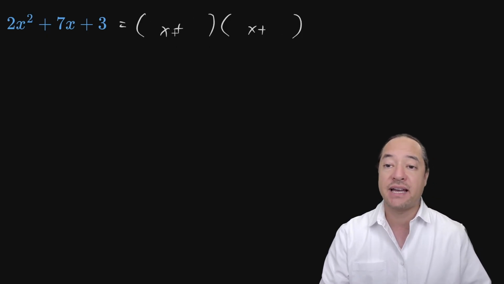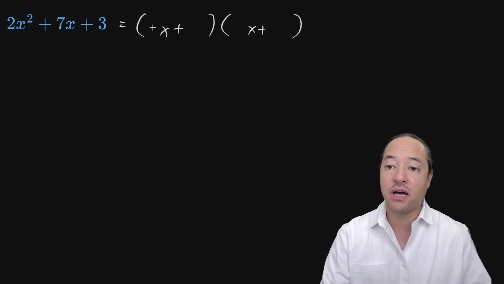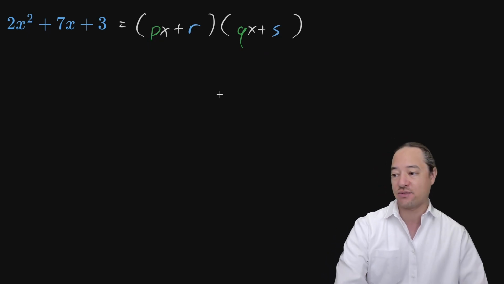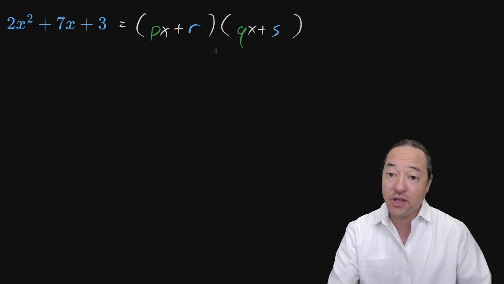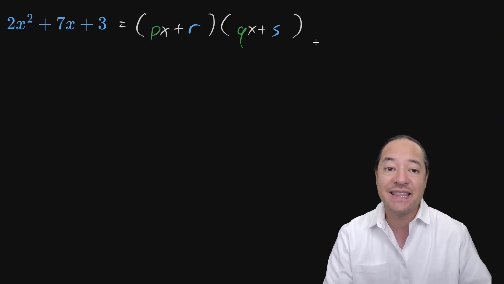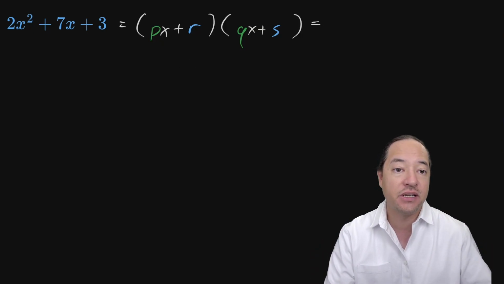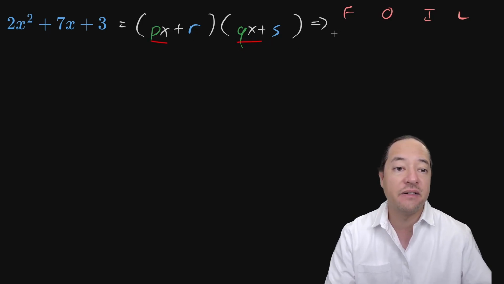And if you remember in the past, we wrote down symbols here that we could use. We could say this was a px, this was a qx, this was going to be an r, and this would be an s, right? And the idea is that when you multiply these together and you FOIL them through, let's see. The first times first term here would give us some kind of pq x squared, right?